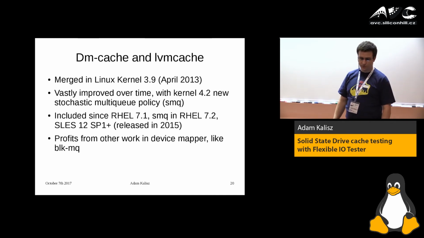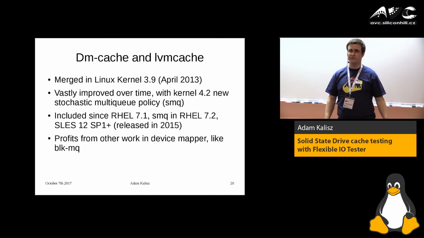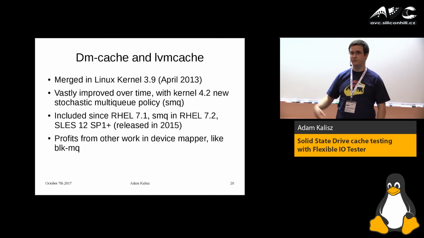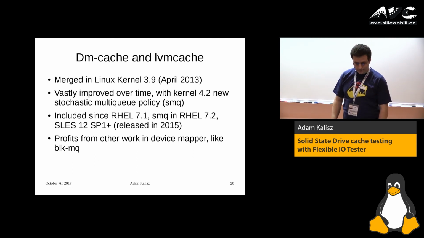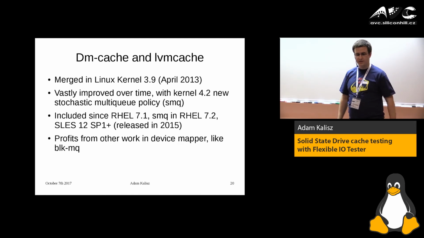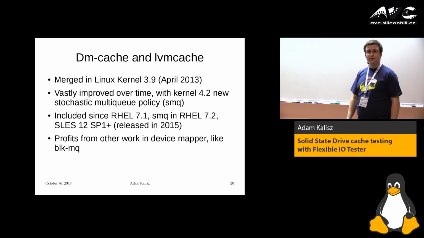Else you would need to use the dmsetup commands, and you would really spend all your time configuring your cache, not using it. So, okay, dm-cache started in Linux kernel 3.9. That's already 4 years ago. It's vastly improved over time.